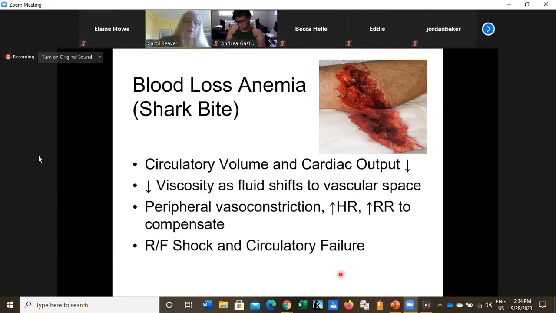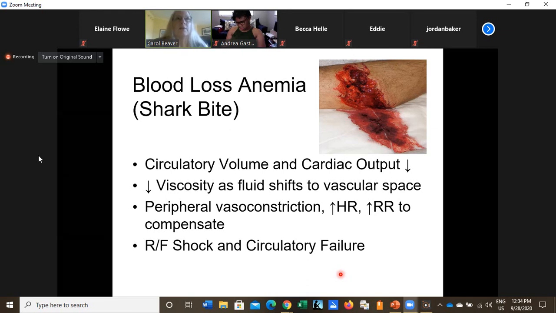So circulatory volume and cardiac output decrease, and the viscosity decreases, because if there's not enough pressure in the blood vessels, your blood pressure is just going down and down and down.